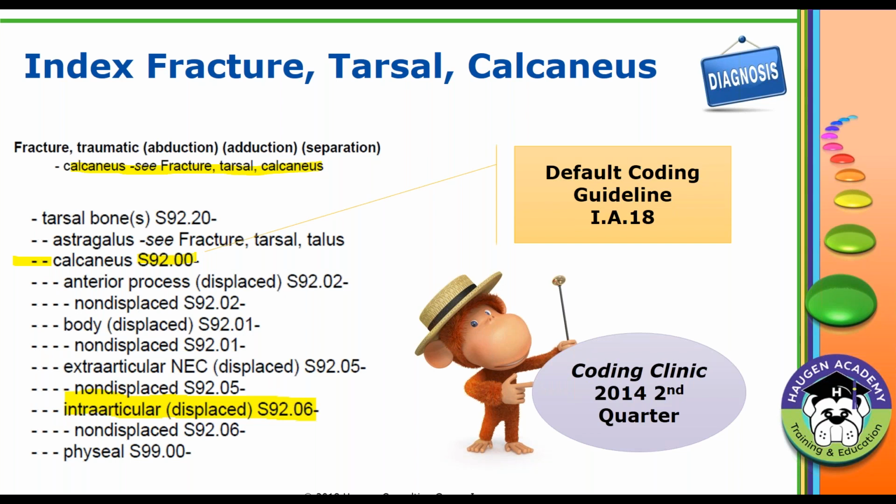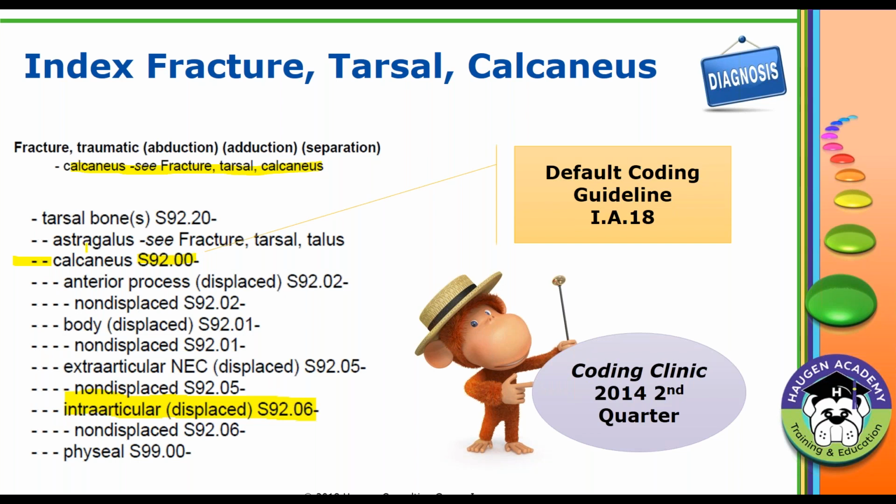That represents the condition that is most commonly associated with the main term, or that's documented in the medical record without any additional information. Sometimes that information could be more specific anatomy, sometimes it could be either acute or chronic, but if you don't know, you can use the default code.